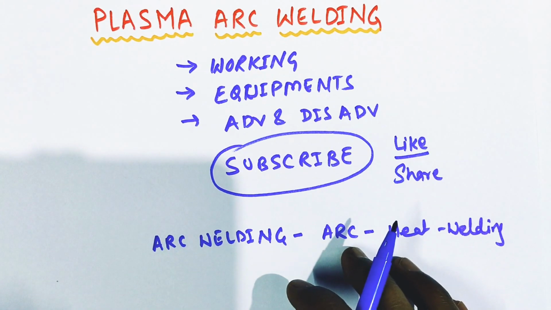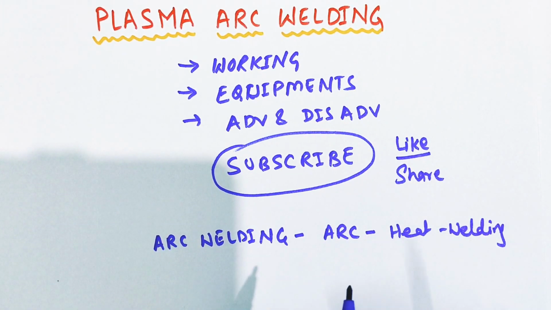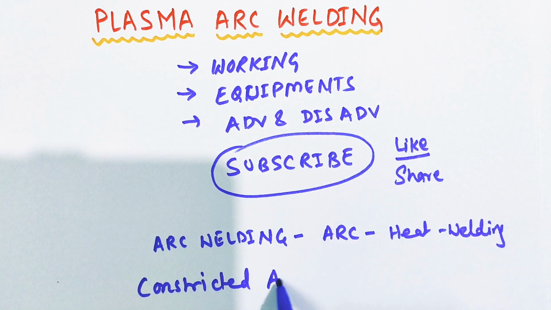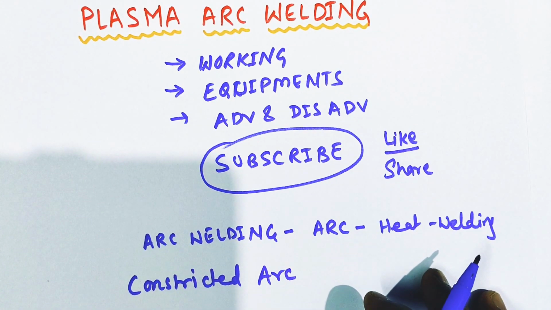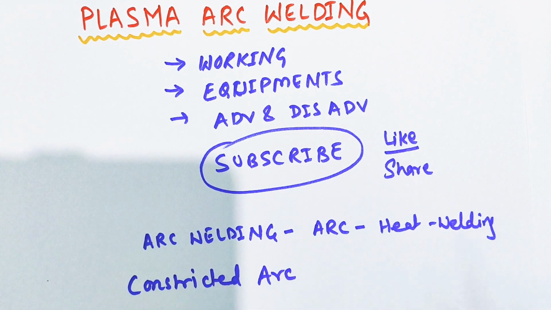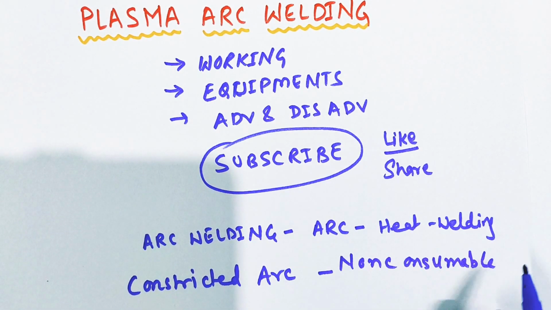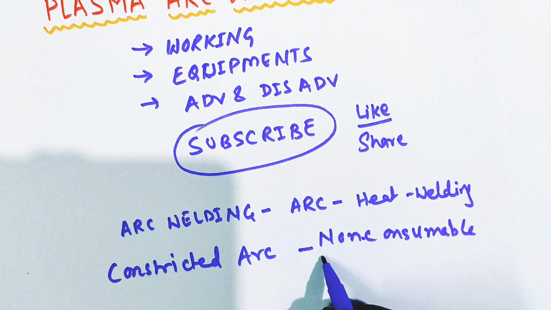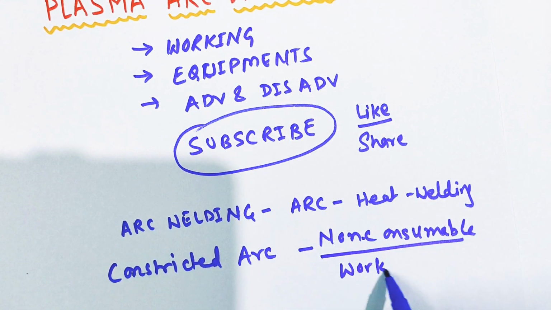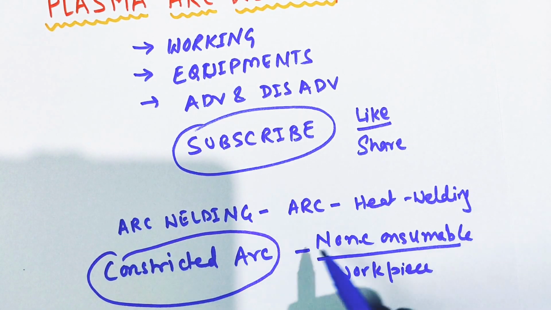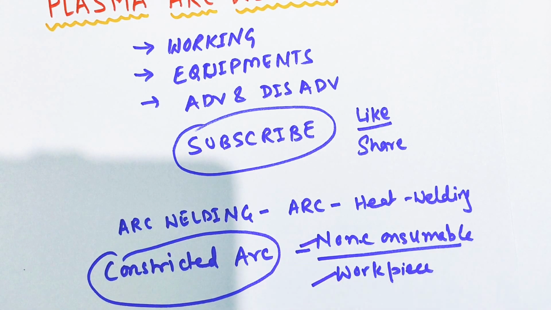So in plasma arc welding, the arc is generated by a constricted arc. Let me write it down: constricted arc. The arc is generated by a constricted arc between a non-consumable electrode and the workpiece.